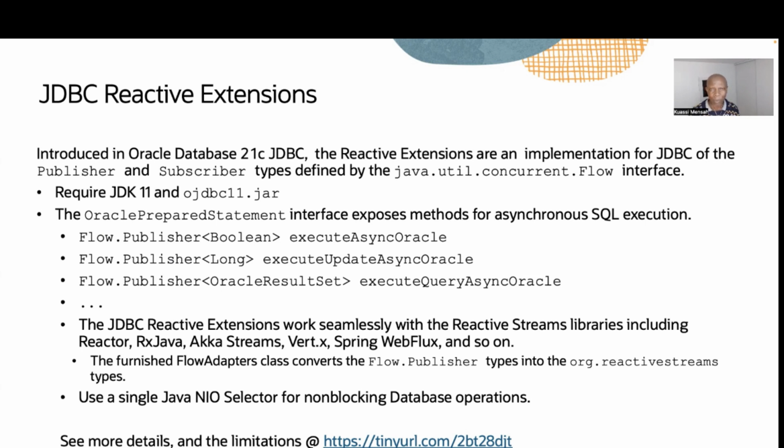Those extensions work seamlessly with the reactive streams libraries, such as Reactor, RxJava, Akka Streams, Vert.x, Spring WebFlux, Hibernate Reactive, etc. We furnish a flow adapter class to allow you to convert Flow.Publisher types into org.reactivestreams types. You can see more detail at the tiny URL at the bottom of the slide.